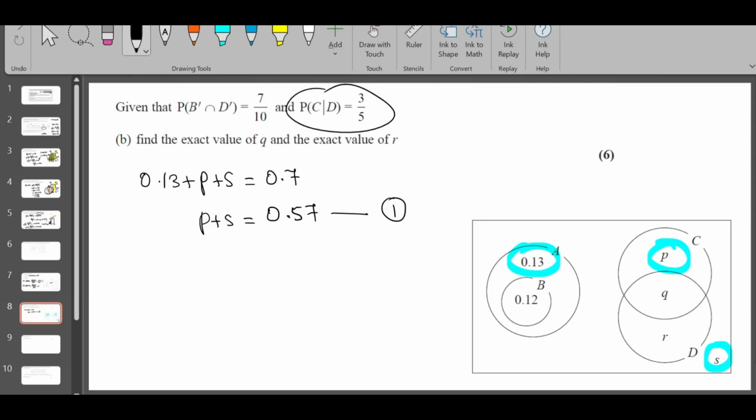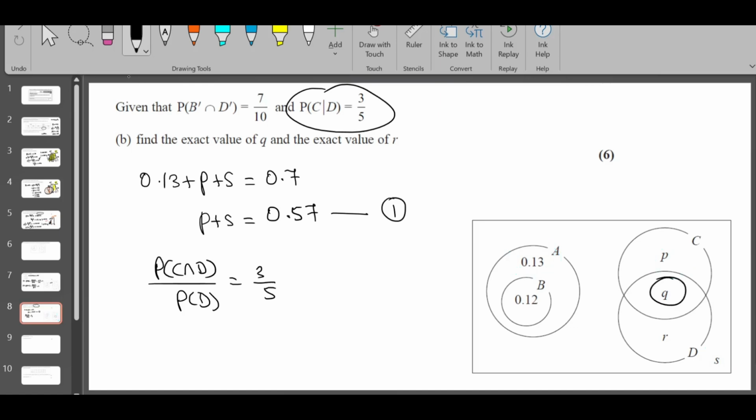And then using this we frame the second equation. P of C intersection D divided by P of D is 3 over 5. C intersection D is Q, divided by D, which is the whole thing inside D. Q plus R is 3 over 5.